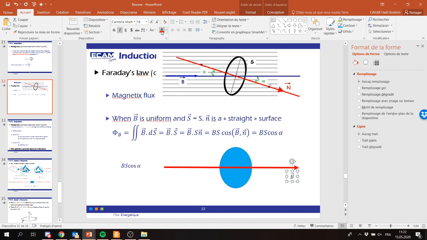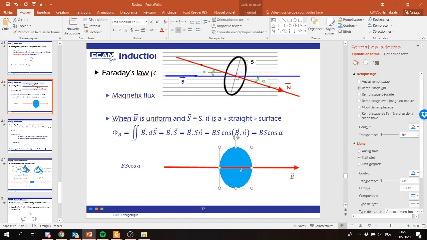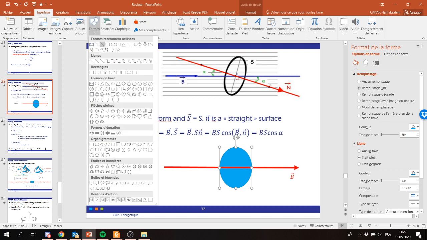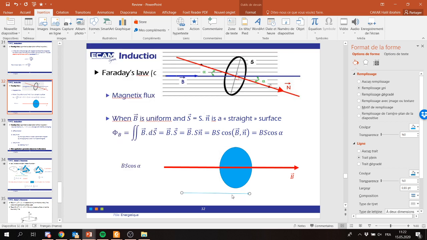In fact, here this is the cross-section area, which will also have, as we said, the normal vector.